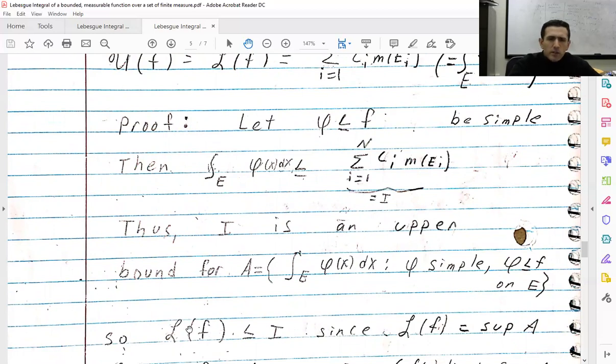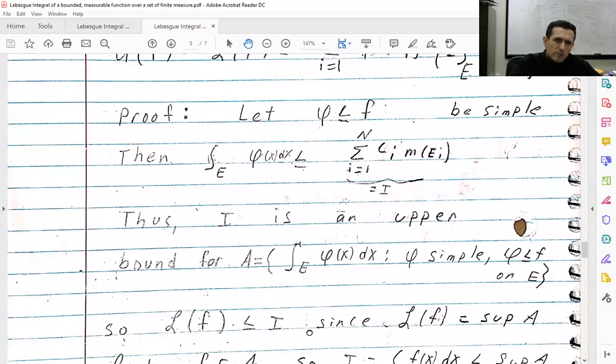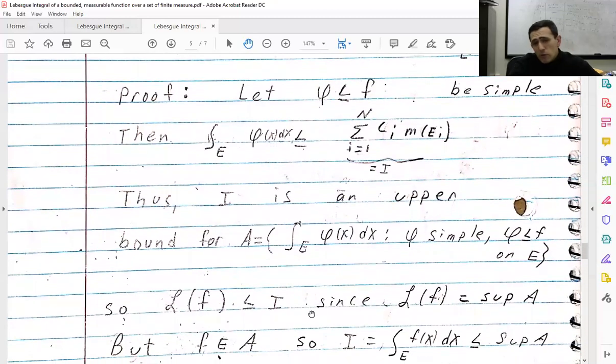I is an upper bound, so well, the supremum is the least upper bound, so the lower Lebesgue integral is less than or equal to I. Okay. So I want to prove actually that these are equal.